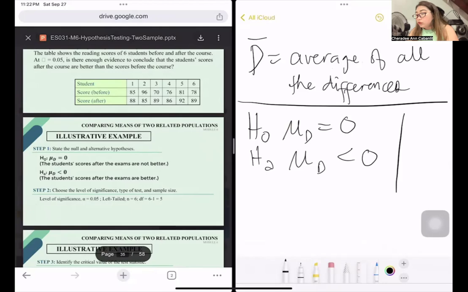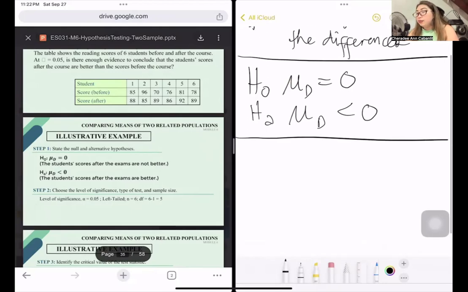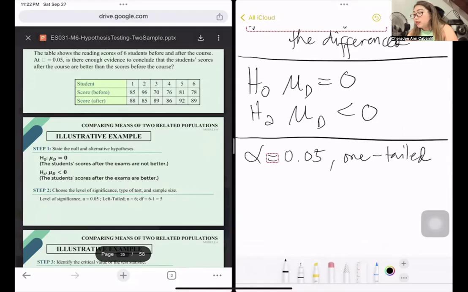Now, okay. So the level of significance is 0.05, one-tailed, okay? And this time we are going to compute the degrees of freedom because this is n, the number of pairs, minus 1, so that's 6 minus 1, that's 5.